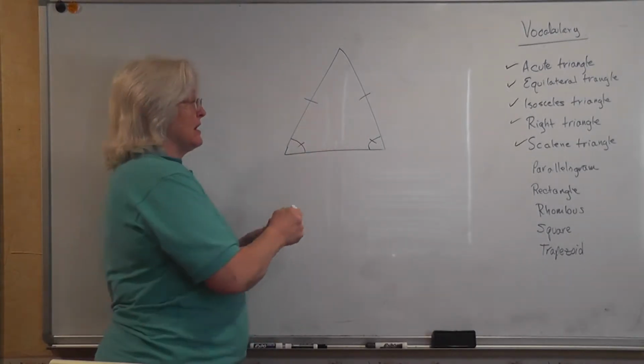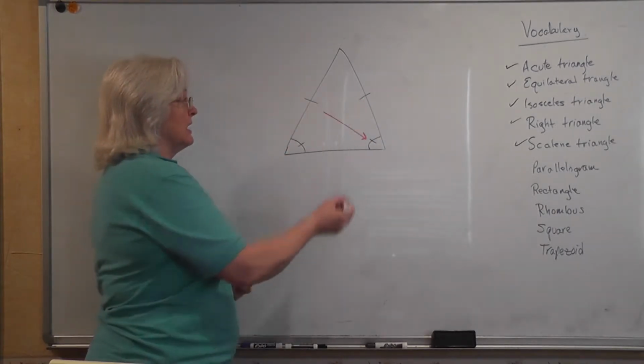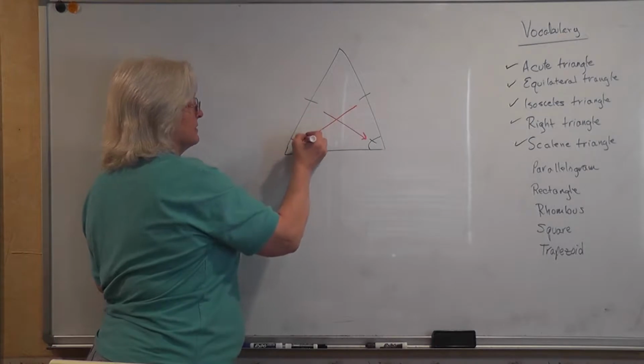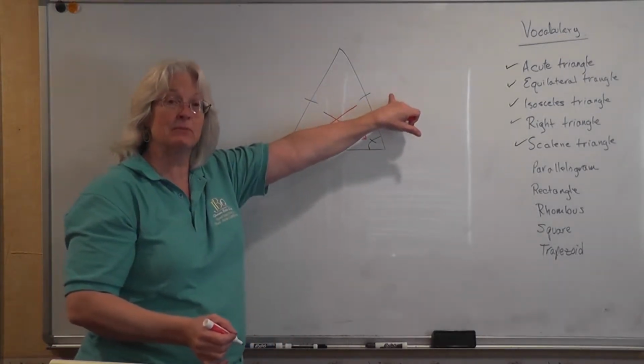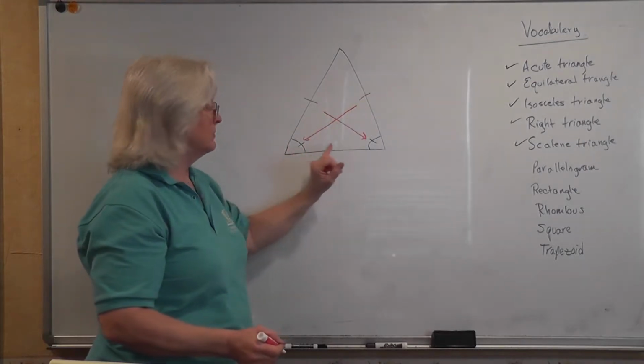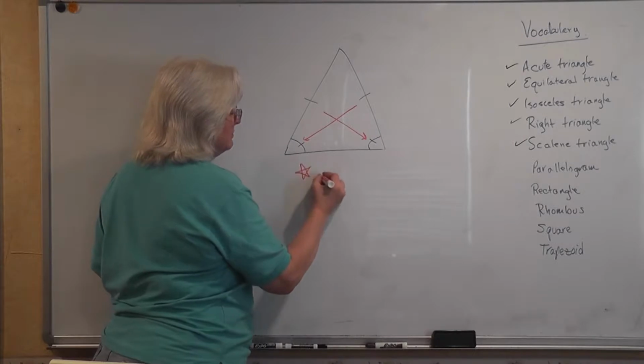I have this side, and I go over to the angle opposite it, and this side, and I go to the angle opposite. And because the sides have the same length, these angles have the same measure. That's an important fact to remember.